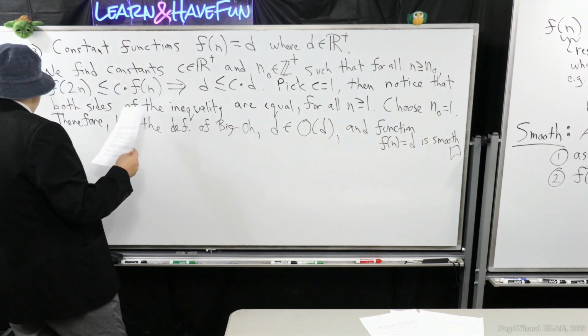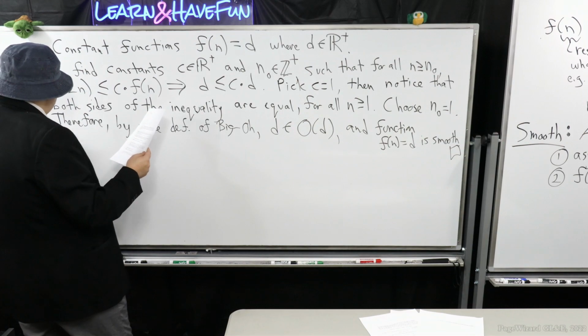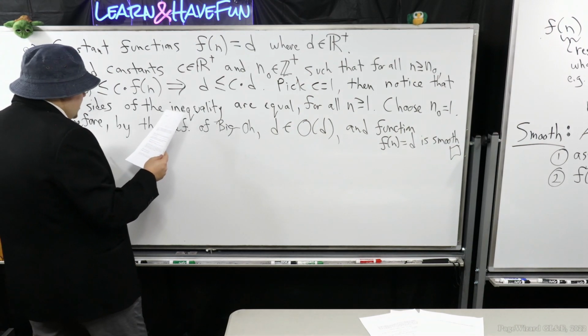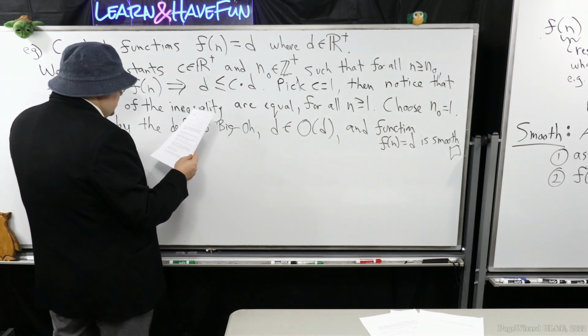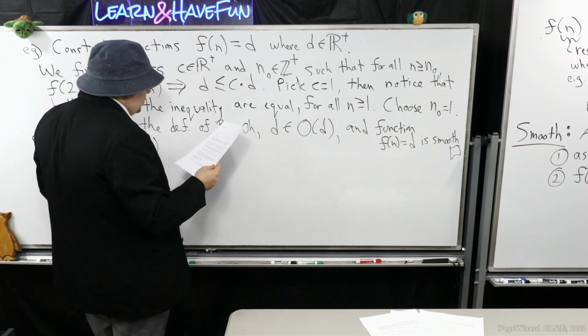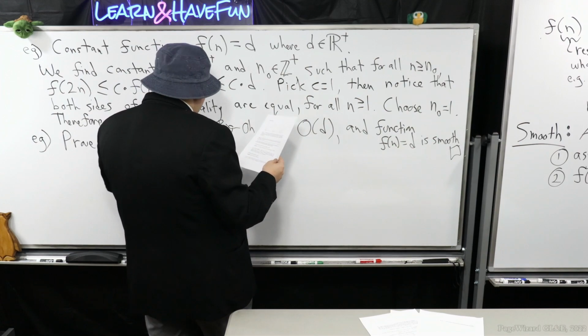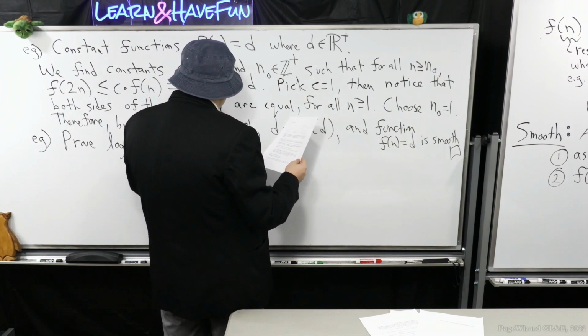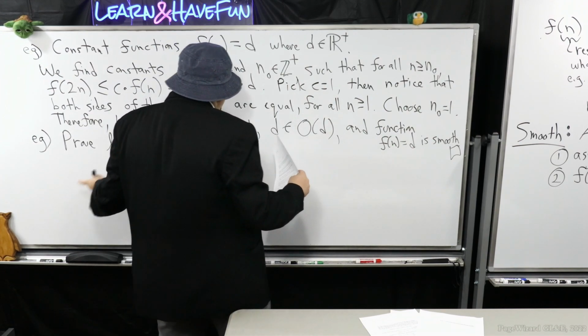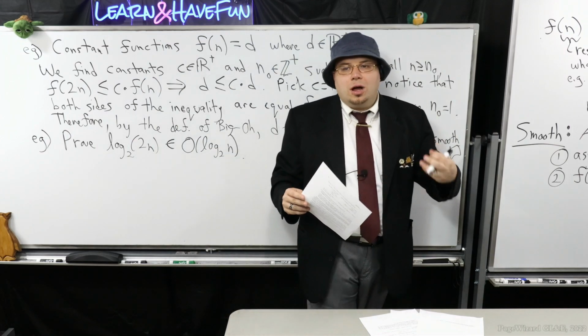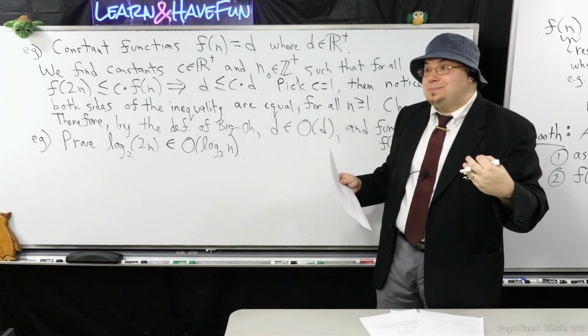So here's another example. Let's prove that log base 2 of 2n, so I'm just going to put the second condition right here, is big O of log base 2 of n. So remember, this is the second condition if I want to show that log base 2 of n is smooth.